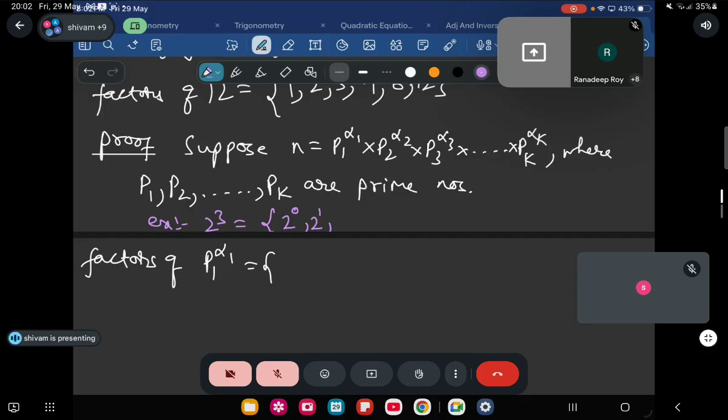These are the factors of it, like p1 to the power alpha 1.